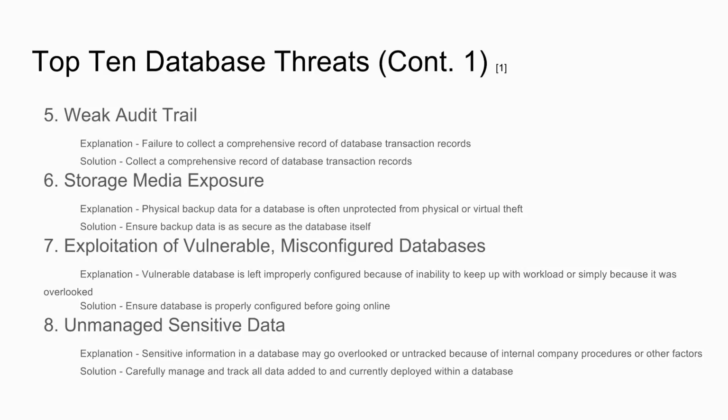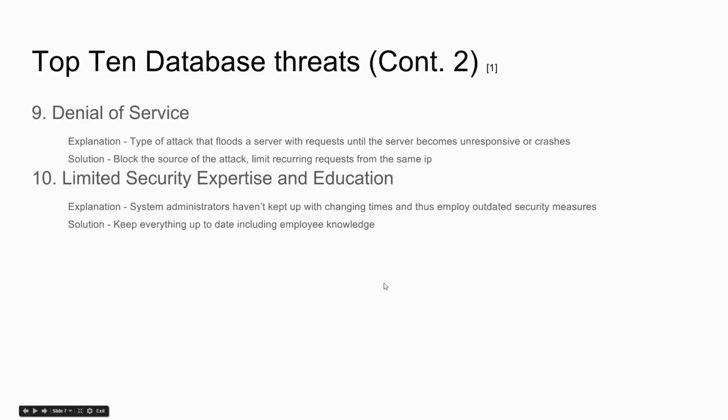Maybe it doesn't get encrypted or taken care of as other sensitive data is. And then if somebody's looking through the database, they uncover this, and they're like, hey, look, all this personal information isn't even encrypted. That's a big problem. So you want to make sure that any sensitive data that's added to the database is tracked and managed properly.